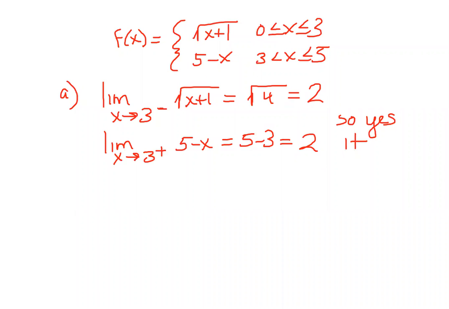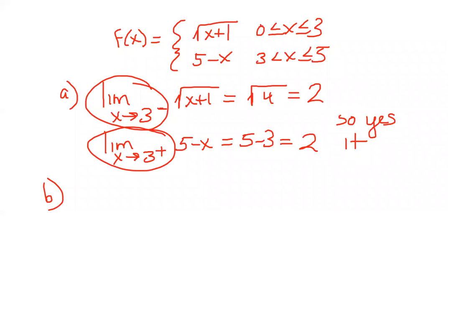So let's see, you get 1 point for saying yes, and you get 1 point for showing the limits.